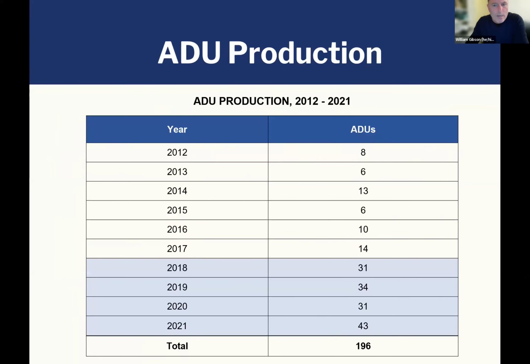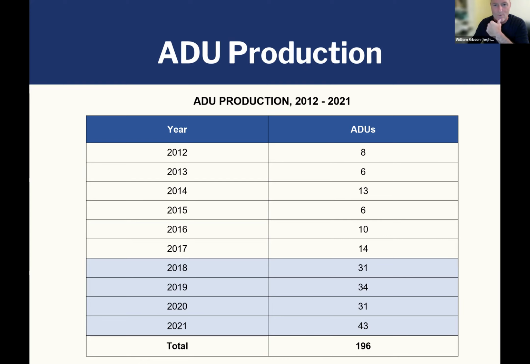So turning to ADU production, this is all of our ADU production, which means units actually completed in the county in the unincorporated areas since 2012. And as you can see, it was fairly low back in 2012, a very modest increase across the years until 2017. In 2018 is when we first amended our ADU regulations to comply with state law and to make it easier to build.